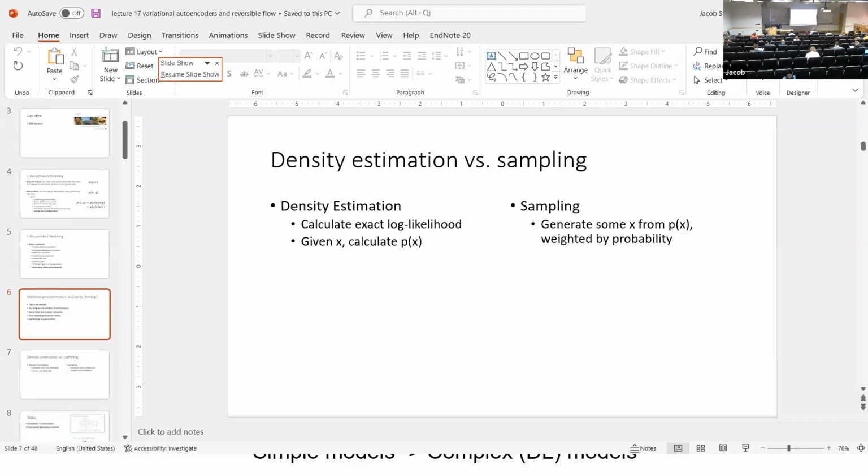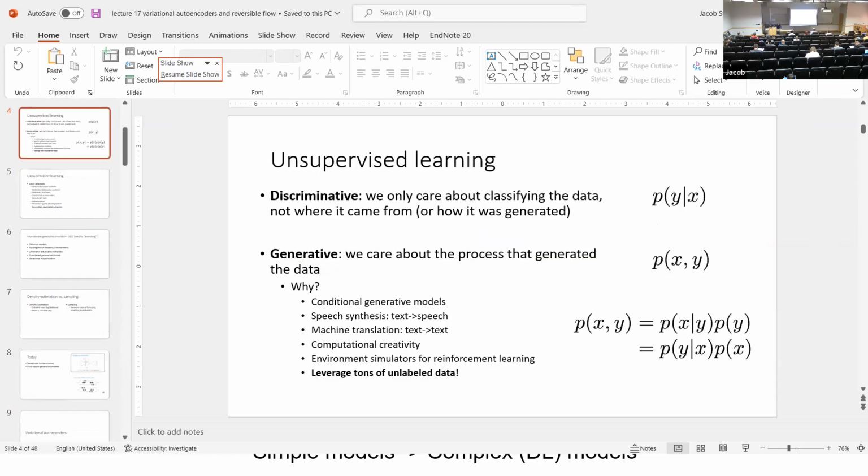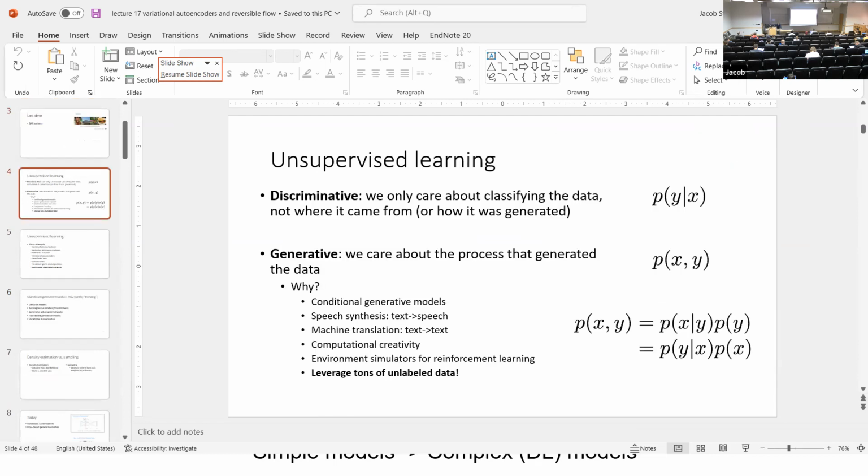Okay, so the evidence lower bound is a way of approximating the maximum likelihood objective for a certain class of models.